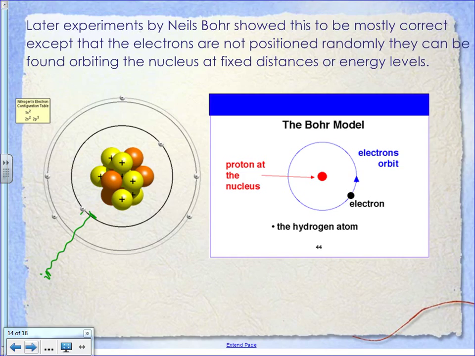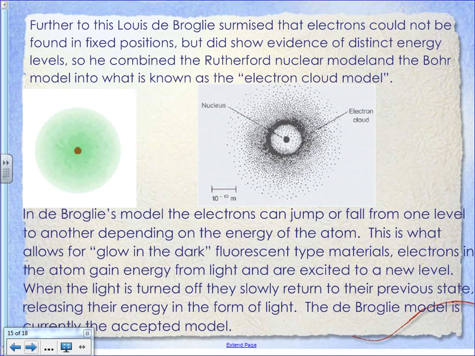That said, we still use Bohr's model as a snapshot picture of what an atom would look like. If we took a picture of an atom, we would probably see something like this. If we had a video of an atom, that would be different. This is a moment frozen in time, whereas de Broglie's model is more, I'm watching the atom, and electrons are going all over the place. Now, it's not completely random.